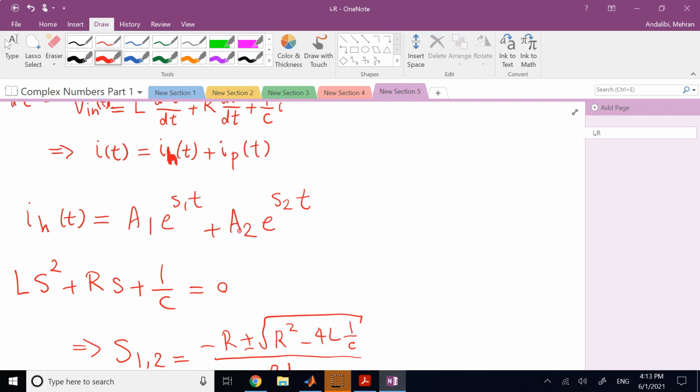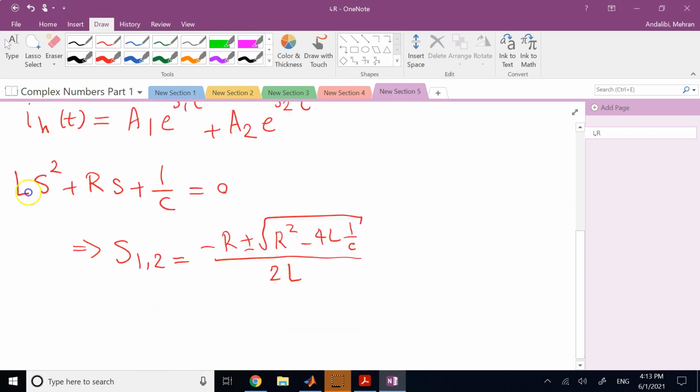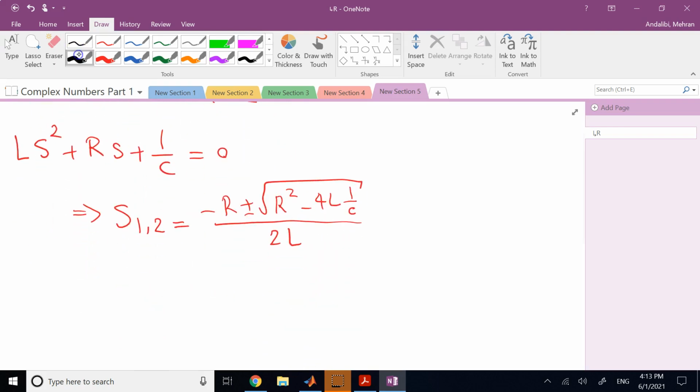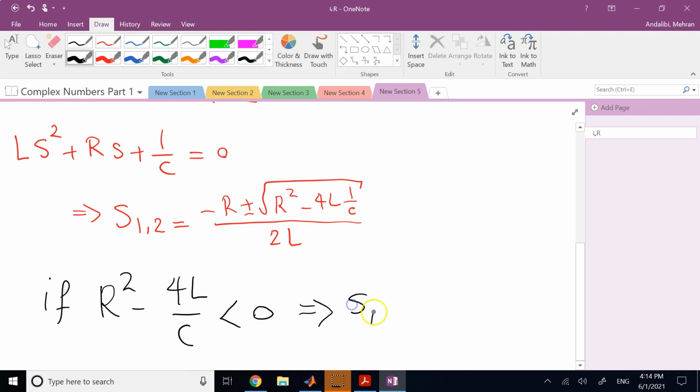And that is not super hard to see, that if you have these two roots, S1 and S2, from here you clearly can see, let me tell you this important thing, if this R squared minus 4L over C is negative, then it means your complex numbers S1 and S2 are going to be what?